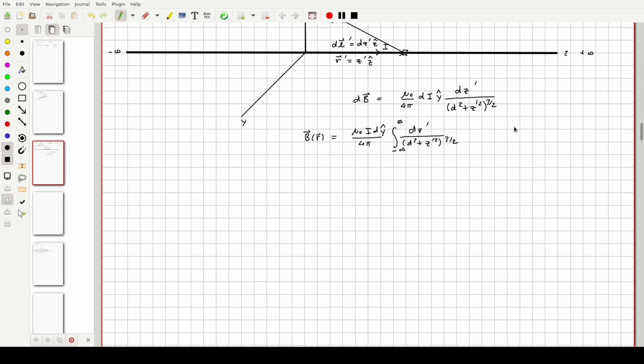This is a substitution that we've done a number of times in the past. What I'd like to do is to call z prime equal to d times tangent of theta. So dz prime would equal d, which is a constant, times secant squared of theta d theta.